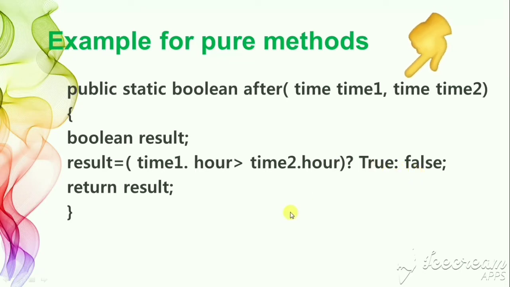So it will show the particular result, true or false. In this method it will not modify any argument, and it will not print any value. It just shows the result true or false according to the condition. So this type of function is called a pure function.